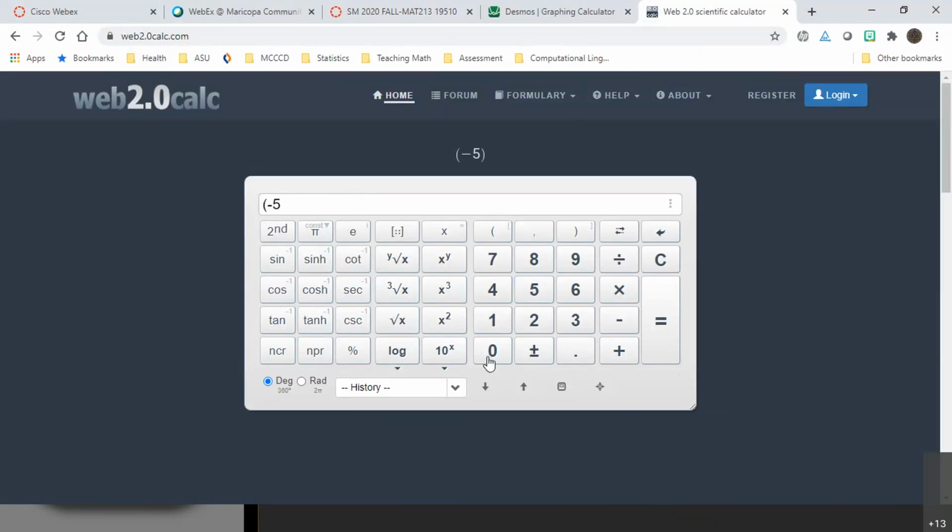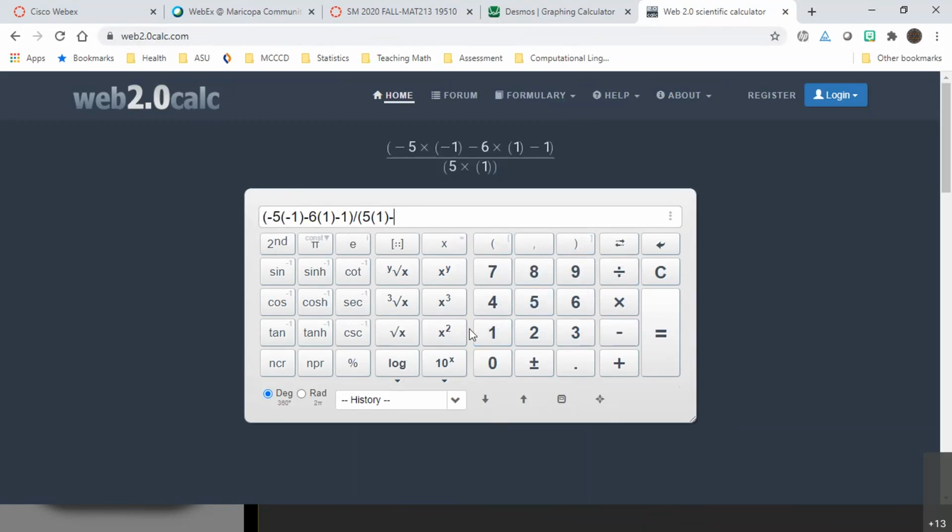Good. 5. That's leading negative sign 5, so that works the same way. Leading negative sign 1. So negative 5 times negative 1. Then I have a minus sign, 6 times 1, minus a 1. Close the numerator. Divide by, and now here comes the denominator, open parentheses, 5 times 1 minus 1.